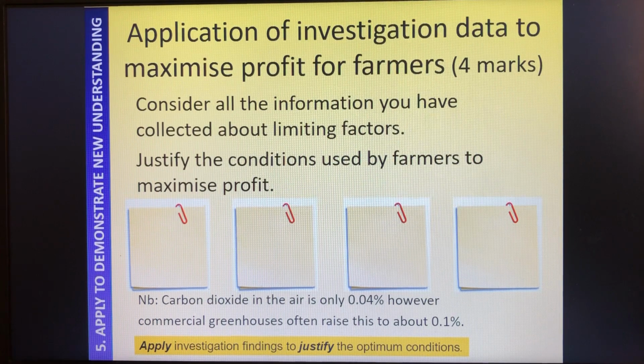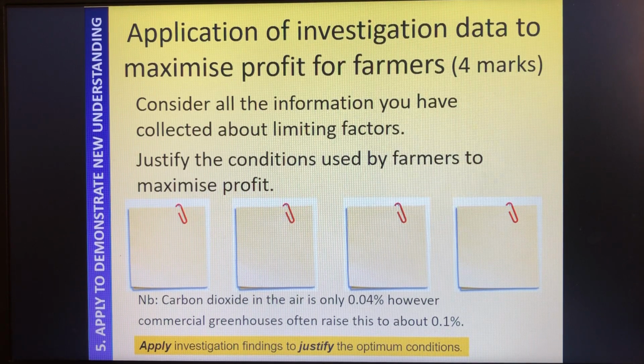Okay, well, justify the reason, because there might be a car coming. That's what we mean by justify. Okay, so giving a reason why we would want those conditions for farmers to maximise profit. And that's because if we increase those factors beyond where they need to be, beyond the optimum, and it makes no difference to profit, then it's just wasting money in setting those situations up.